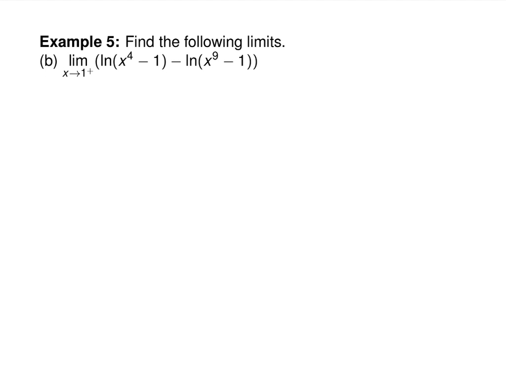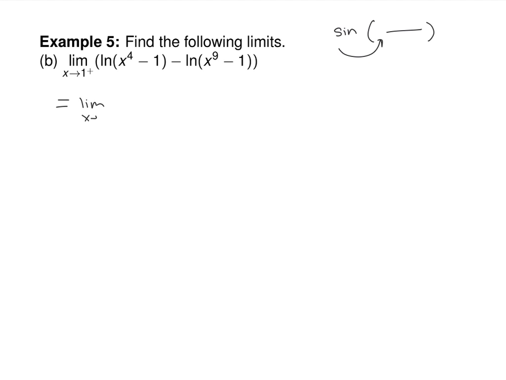Okay, this one isn't obviously a ratio. So remember how limits can move inside of continuous functions? If you had sine of some stuff, your limit can go inside of the sine function. You can take the limit of the stuff and then do the sine. The same idea is true here.